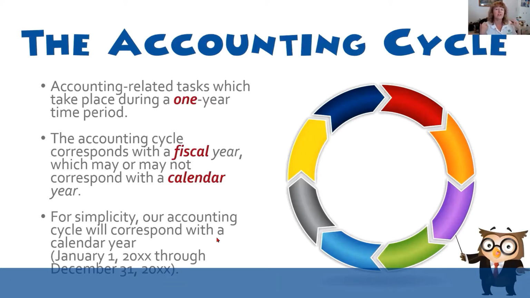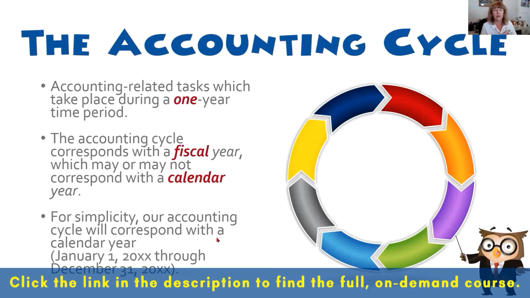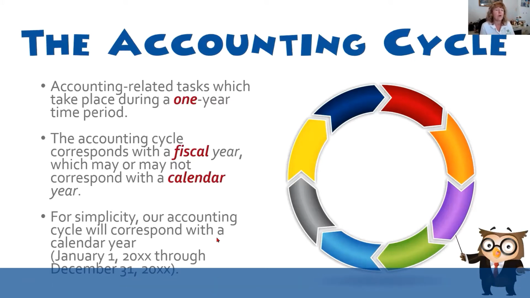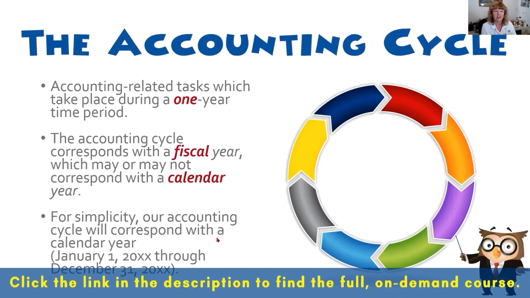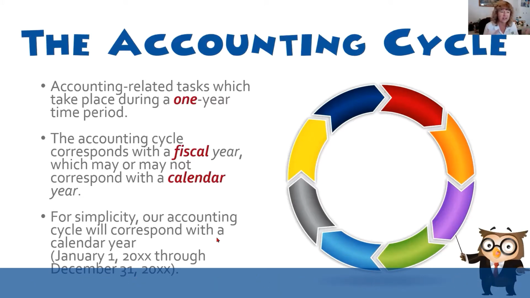So it's real important that we understand what their fiscal year is, because it may or may not correspond with the calendar year, but just so that everything is pretty simple as we're going through these exercises, we're going with the assumption that our accounting cycle will correspond with a calendar year, which starts on January 1, 20XX and runs through December 31st, 20XX. And notice how I left off the last 2 digits of the year, so that way I can continuously use the same material over and over again and not have to update everything.